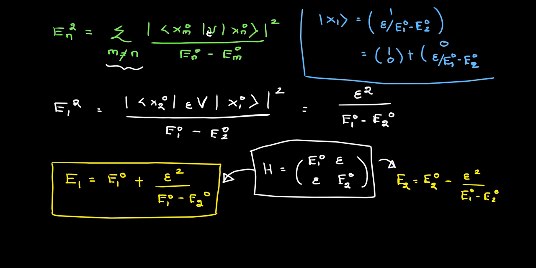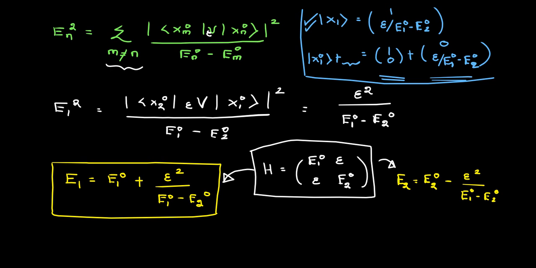So this is the correction term. This is nothing but x_1^0 plus some additional term. So you see that the eigenstates also get perturbed, and you get new eigenstates which are nothing but the old eigenstate plus some very small perturbation.